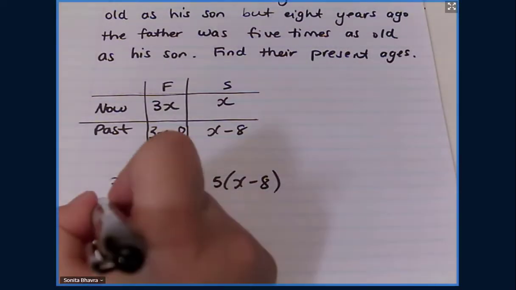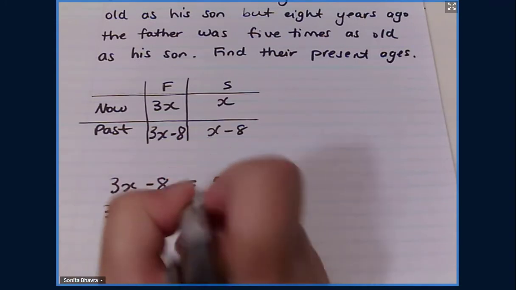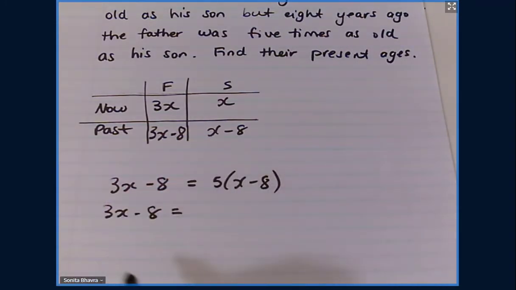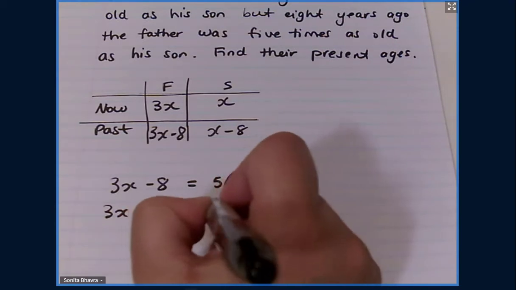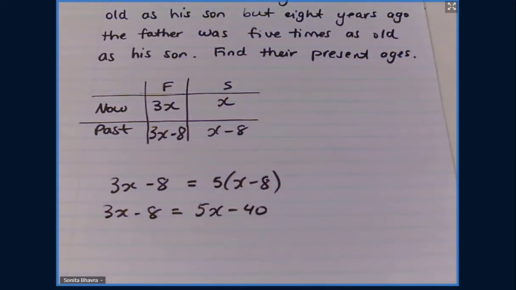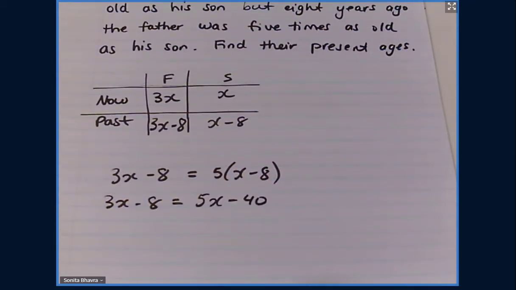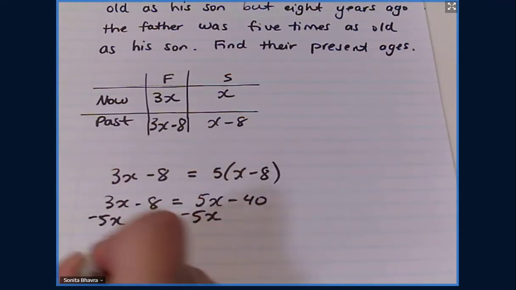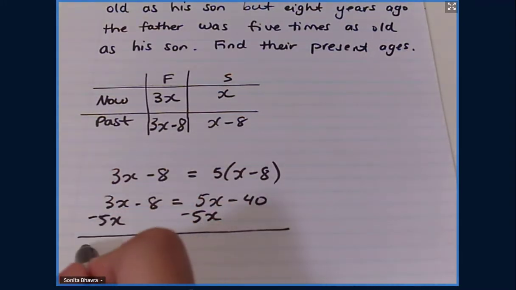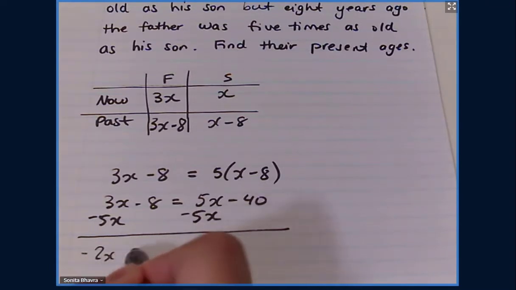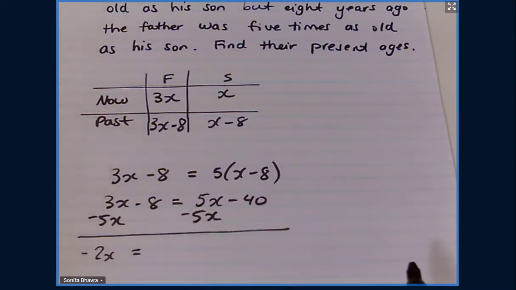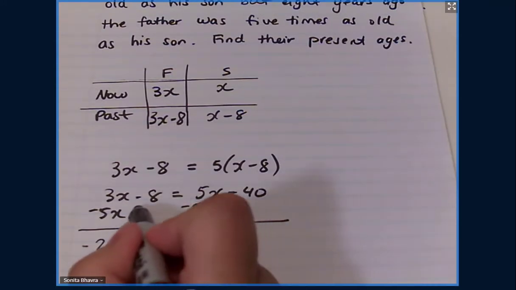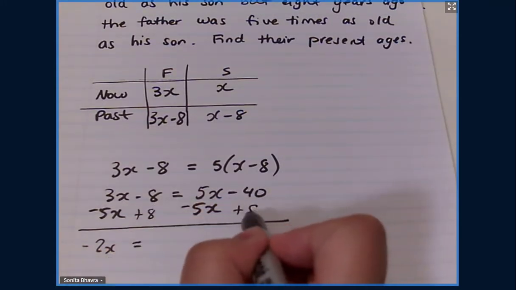So we have 3x minus 8 on the left side, and we're going to multiply the 5 with everything in the brackets here. So it's 5x minus 40. And then we just have to collect terms here. We can bring the 5x to the left-hand side, so subtract 5x on both sides, and we get negative 2x is equal to, I'm going to add the 8 here as well to both sides.